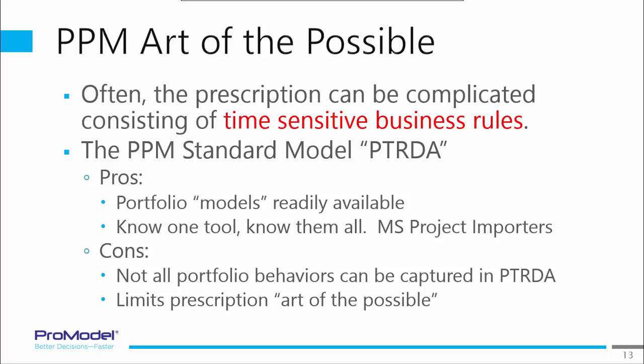I think the reason is the industry as a whole has adopted a standard model, and I'm just going to call it the PTRDA. The P stands for projects, the T's for tasks, the R's for resources, the D's for dependencies, and the A's for assignments. No matter what tool I've ever evaluated or used professionally at ProModel, I build a portfolio model of projects with those terms.